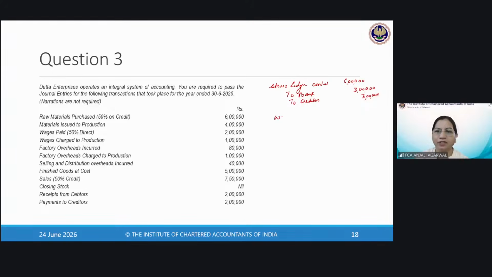Material issued to production, WIP to stores, 4 lakhs. Wages paid, 50% direct. Wages control account debit, 2 lakhs. 50% is direct.